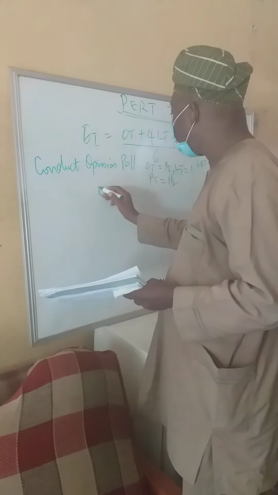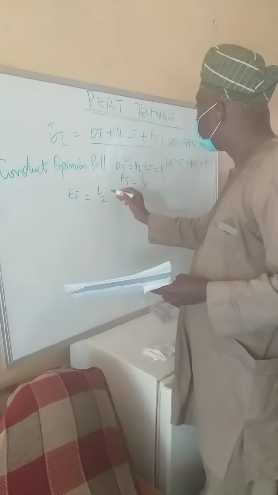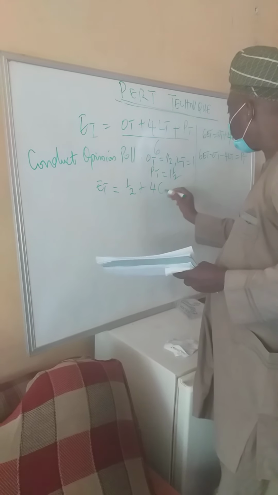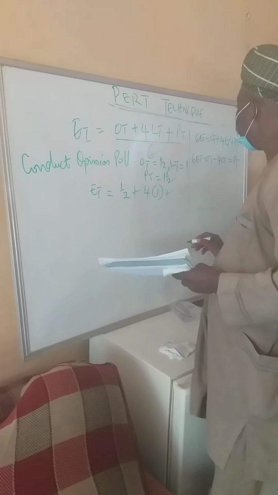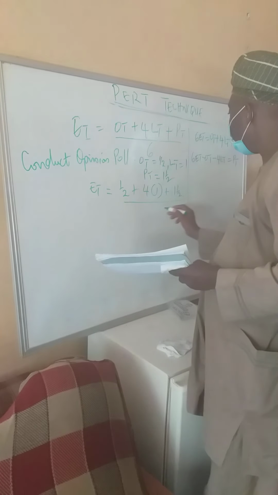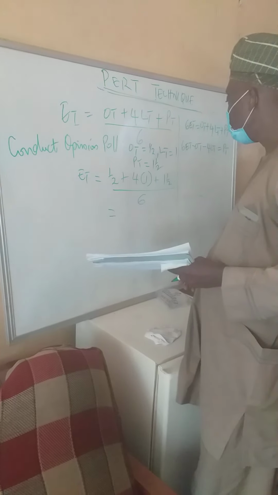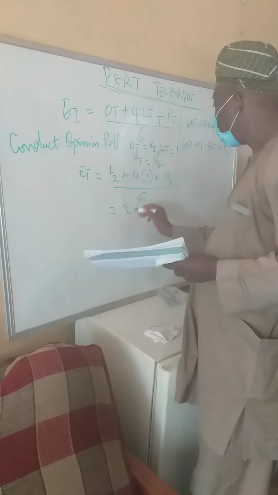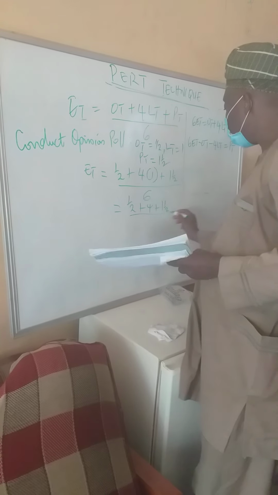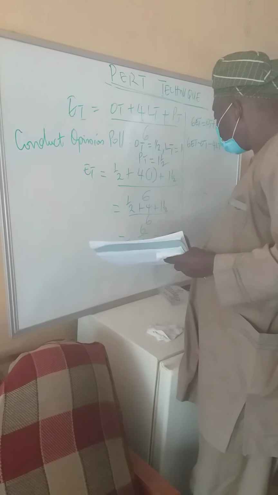So ET for conducting the opinion poll is OT, which is half, plus 4 multiplied by LT, which is 1, plus PT, which is 1.5, everything over 6. This is part of the formula. So you are going to have half plus 4 plus 1.5 all over 6, and this will give you 6 over 6, which gives 1.